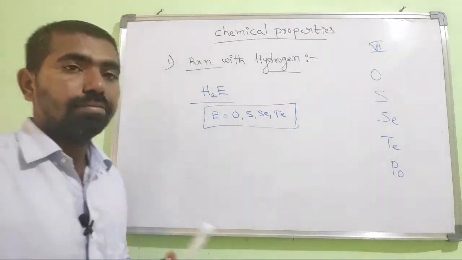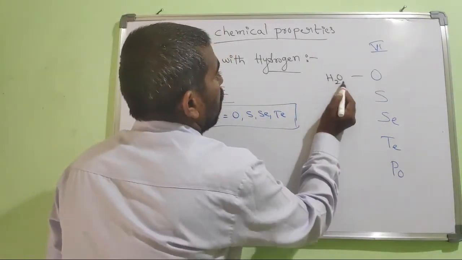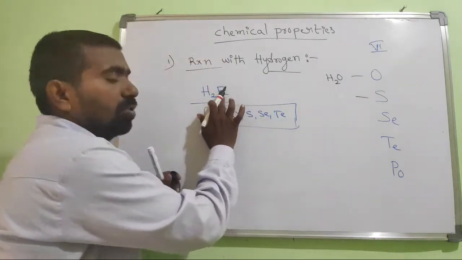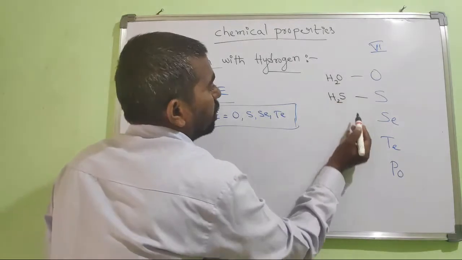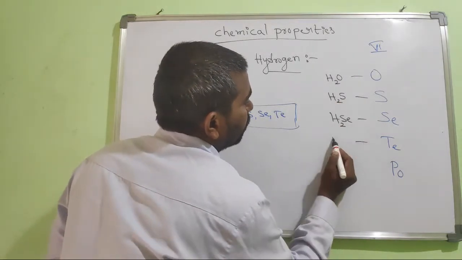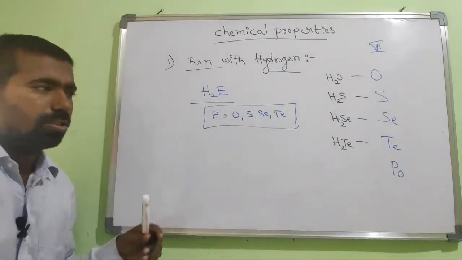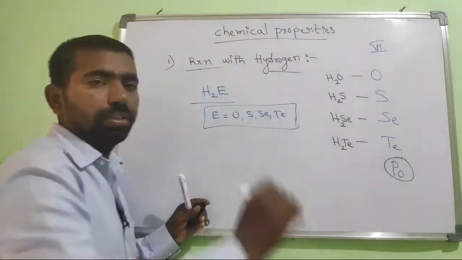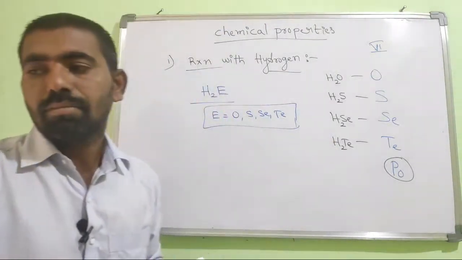So here I am writing H2O, in the place of E I substitute oxygen, H2S, H2Se, H2Te. Polonium is a radioactive element. That's why I am not writing the compound with polonium.